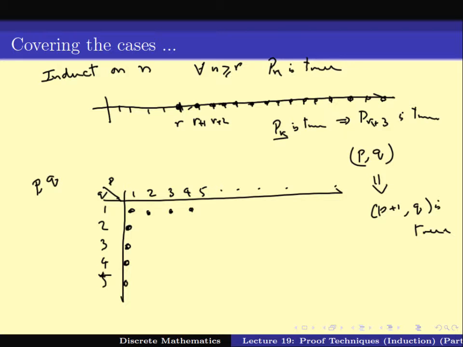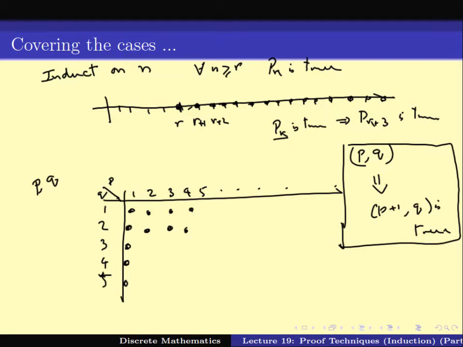Or similarly, (1, 2) is true, therefore (2, 2) is true. (2, 2) is true, therefore (3, 2) is true. And (3, 2) is true, therefore (4, 2) is true, and so on. So this can be one particular way of ensuring that everything gets filled up.